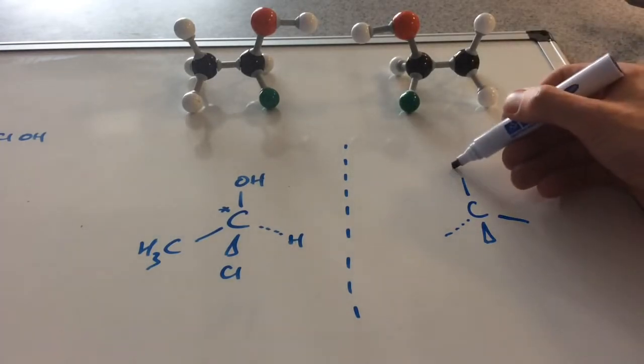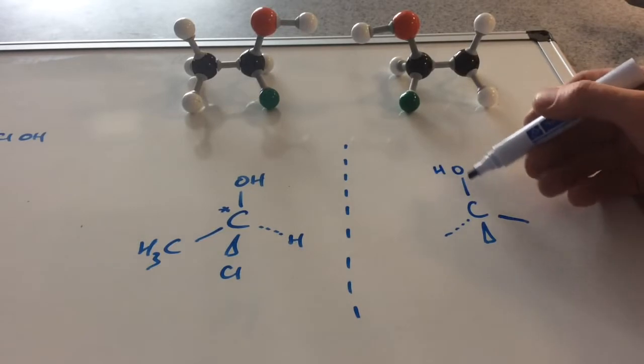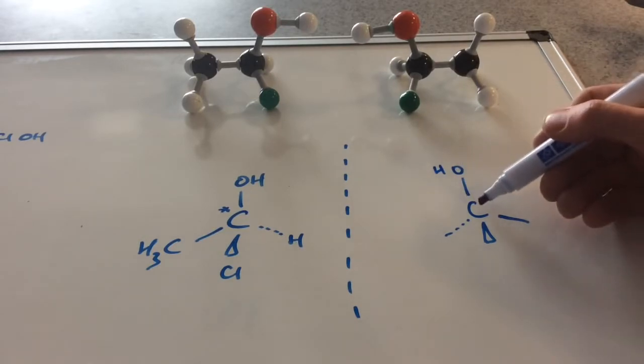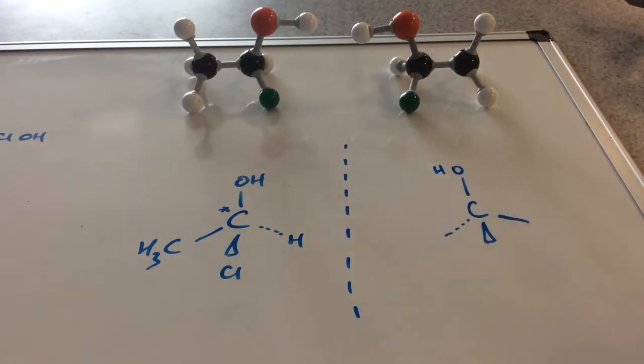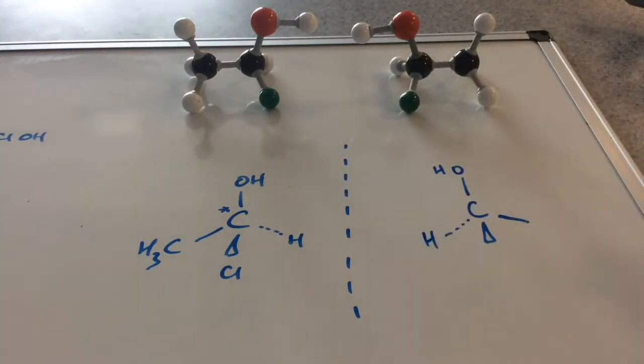And so we've got an OH group up there. And just be careful with your connectivity. The oxygen is bonded to the carbon, so make sure that's evident. The hydrogen is there. The chlorine would be there, and that methyl group would be there.